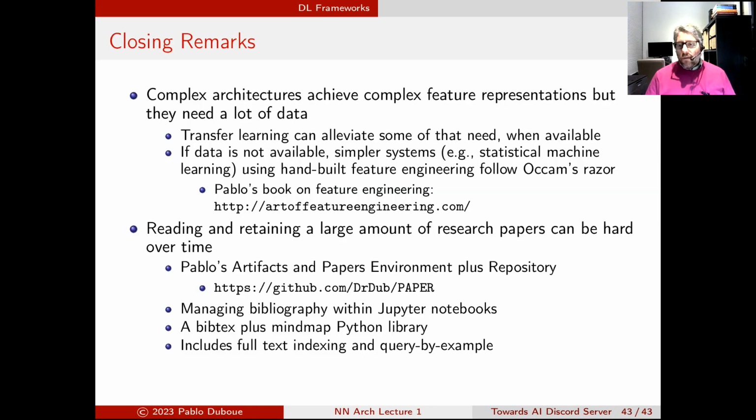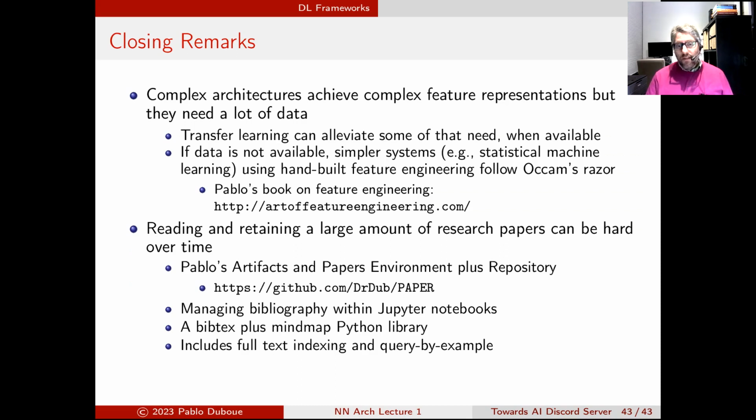Okay, so to wrap up today, complex architectures achieve complex feature representations, but they also need a lot of data. We will see in other lectures that transfer learning can alleviate some of those needs when it's available, when you can have some general models that can be pre-trained on a lot of data.